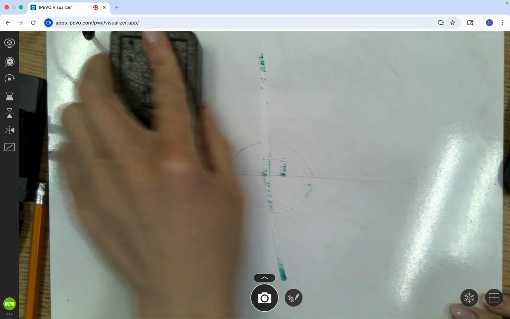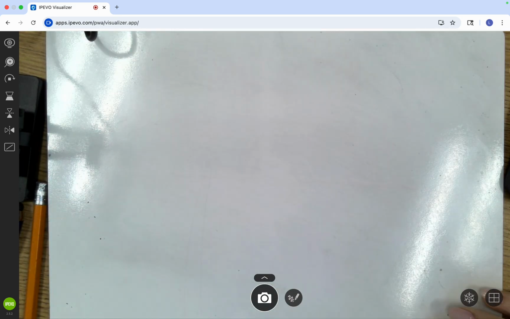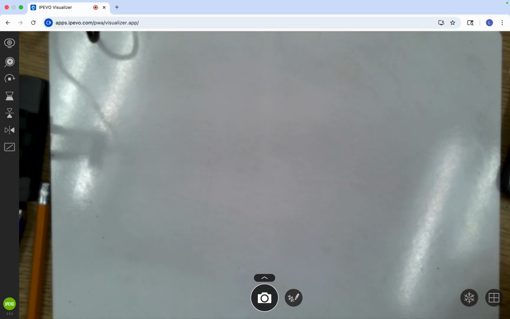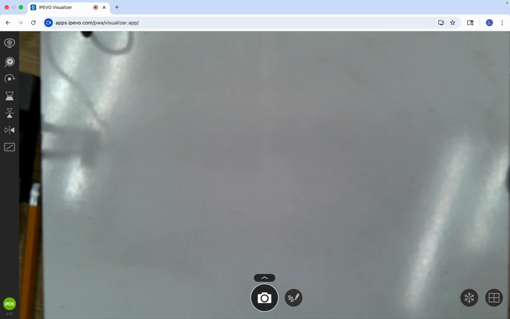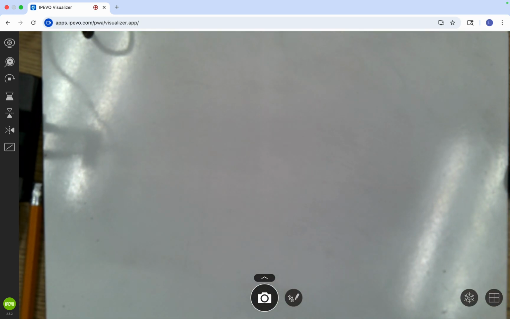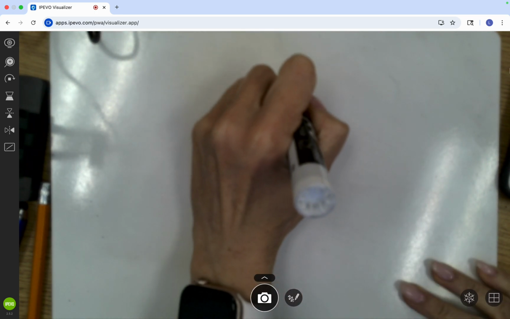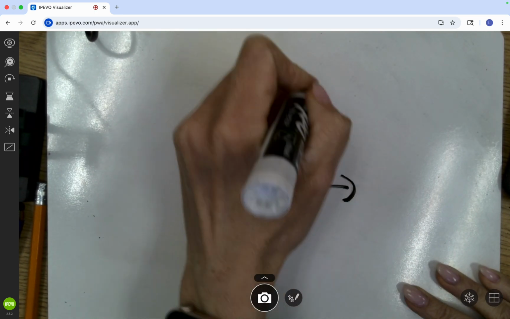So if you make one rotation, like we stood up and we turned all the way around, we said we made a 360-degree turn. If we turn halfway, 180. If we turn a quarter, 90. All right. So we have our right angle is a 90. Then an angle that is less than 90 degrees is acute.